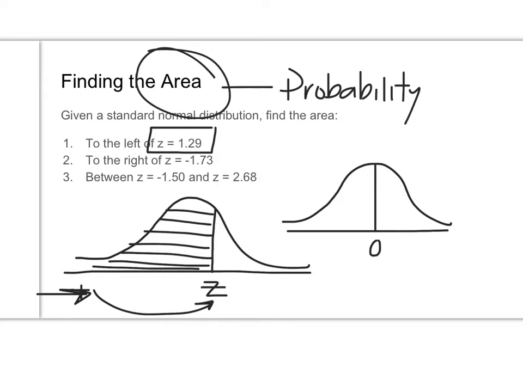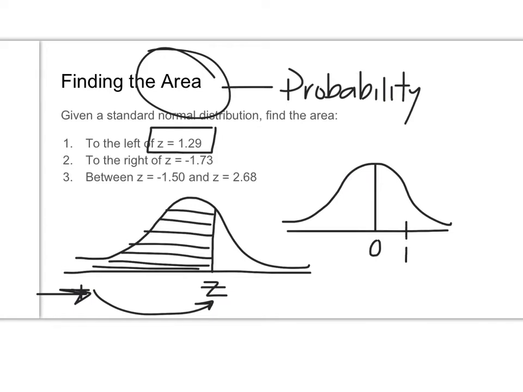So where is z equals 1.29 in the normal curve? If 0 is at the center, then the positive numbers are on the right and the negative numbers are on the left. So 1.29 should be located on the right.